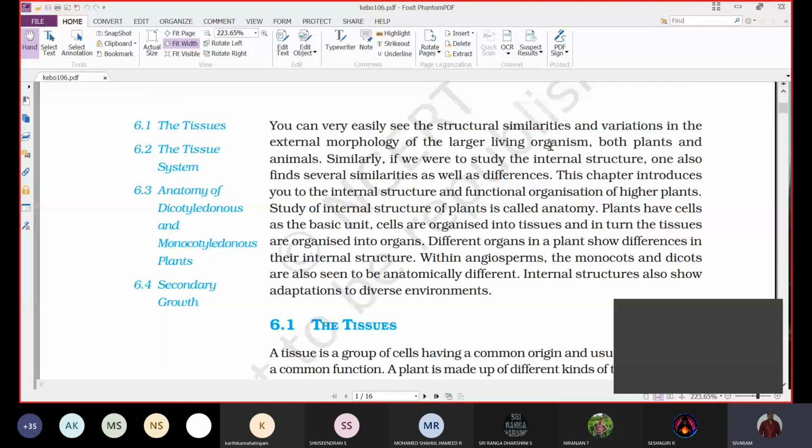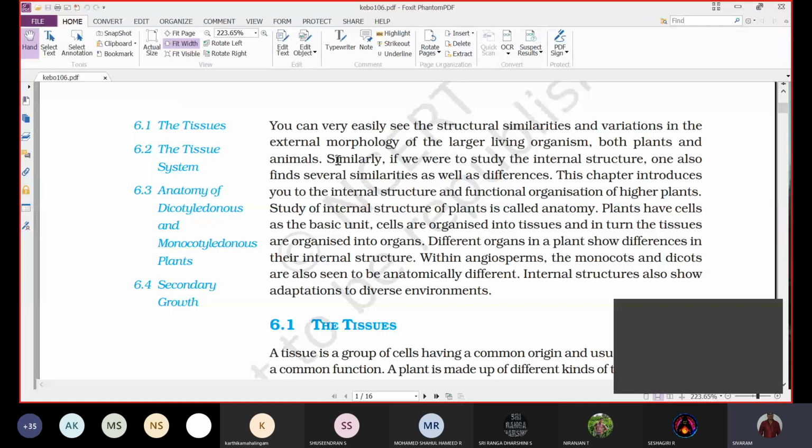That means almost all the characters exhibited by the organisms, especially the large organisms like plants and animals, we are able to understand the morphological features. For that there is no need of much equipment. Simply by our naked eye we can see all these external characteristics.